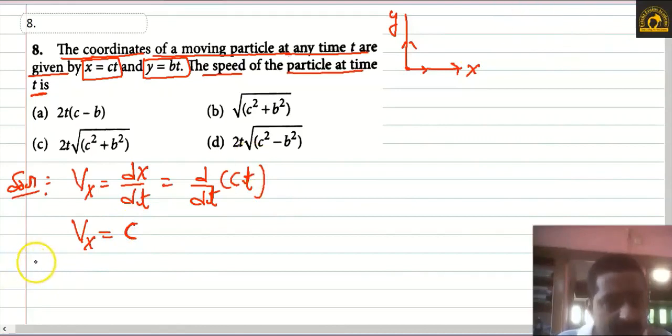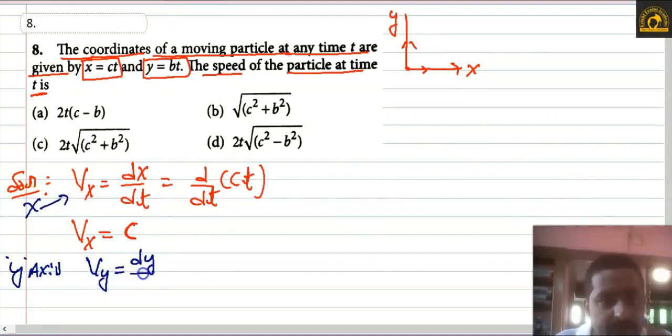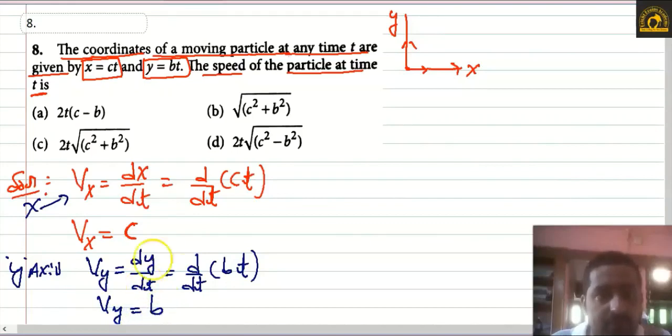So in the y-axis, vy is equal to dy by dt, that is d by dt of y, where y is b into t. So vy is equal to b.